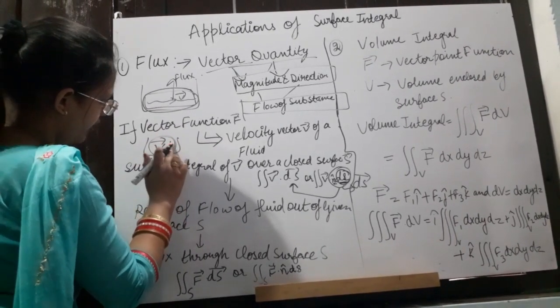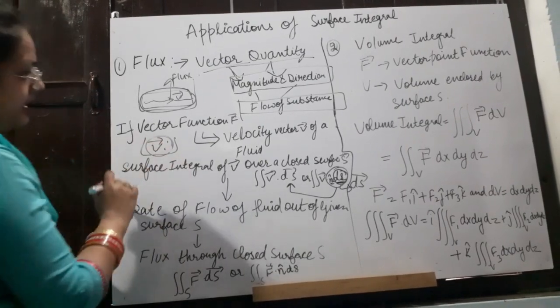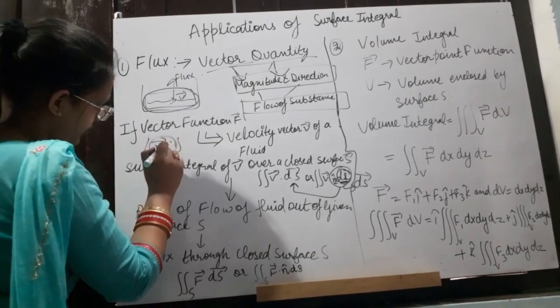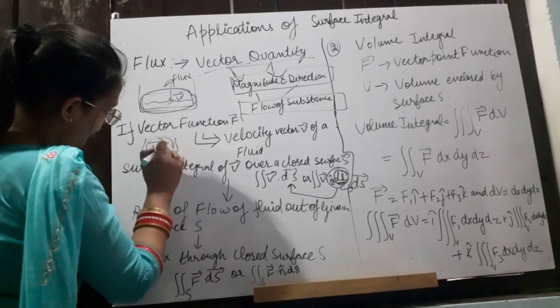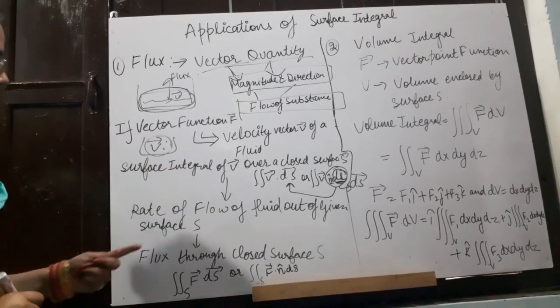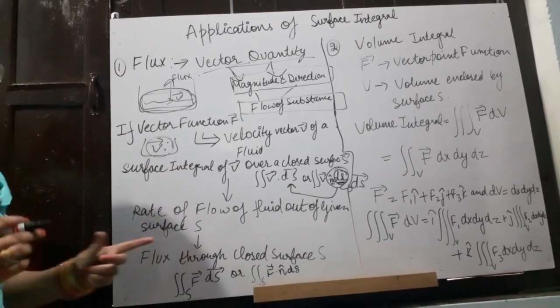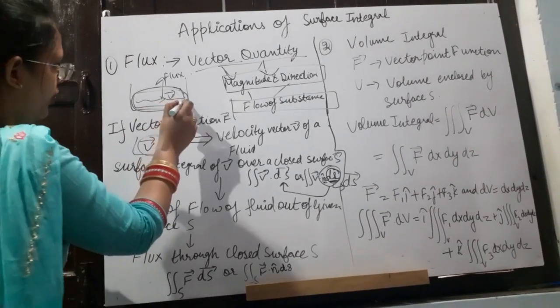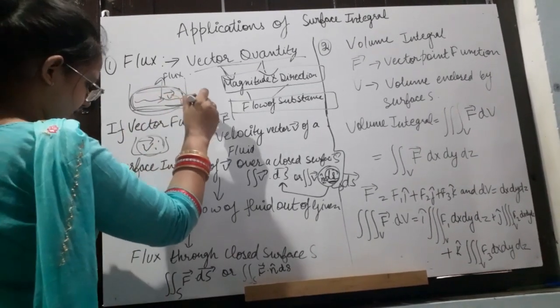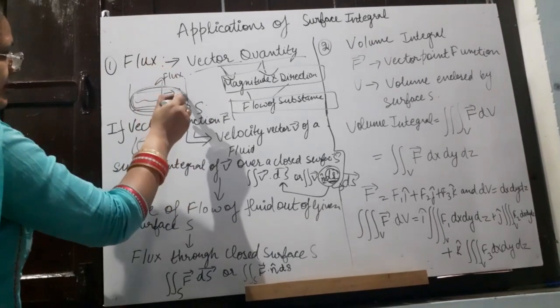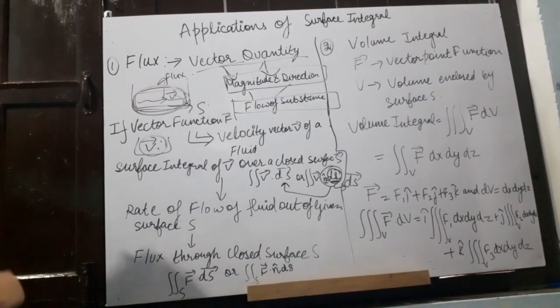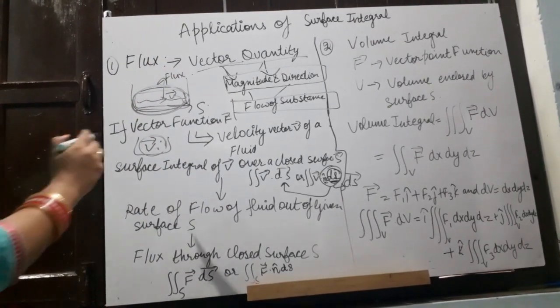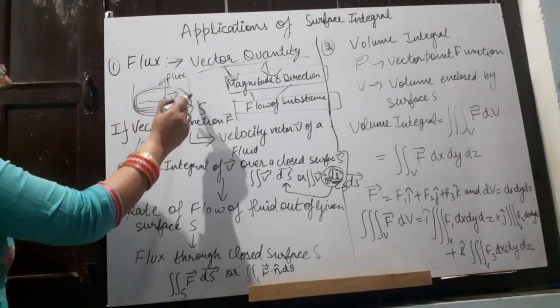When we get the surface integral of this velocity vector of fluid, we get the rate of flow of fluid across the surface S. The rate of flow of fluid represents the flux.